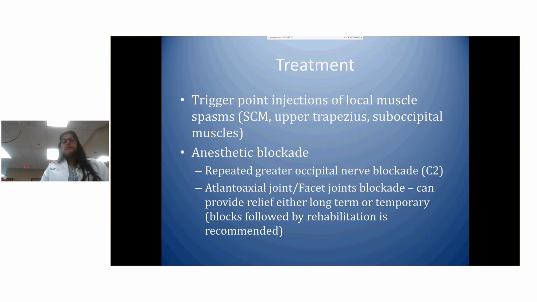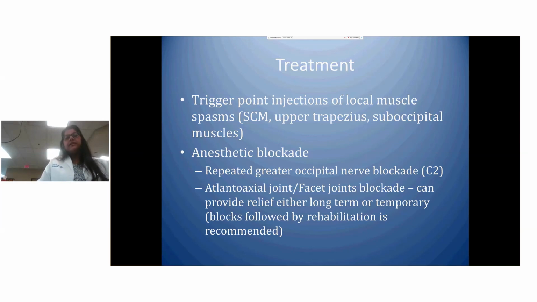numbing agents only. I've read in a few studies that there are some benefits with cervicogenic headache reduction with repeated greater occipital nerve blockade. So that could be helpful. And as we know, that nerve branches from the C2 spinal nerve.